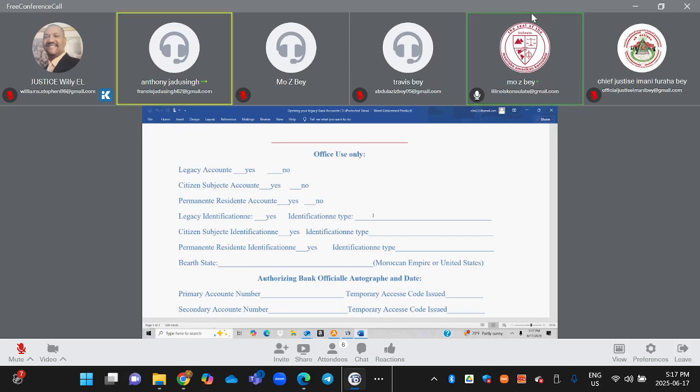I had that same information there also. So it would be Al Moroccan National slash United States driver's license.